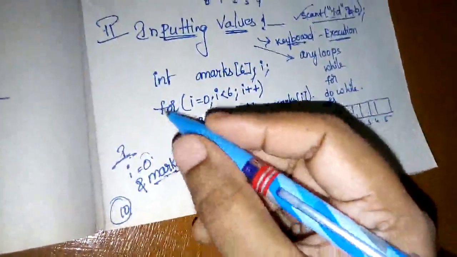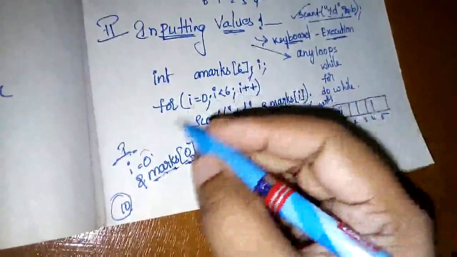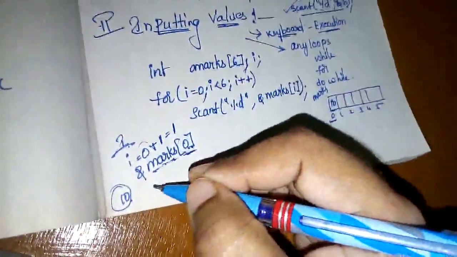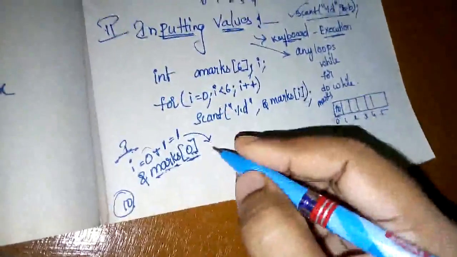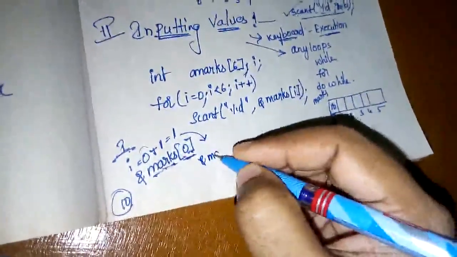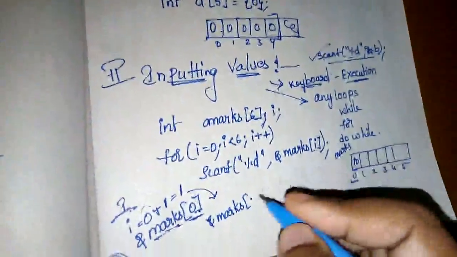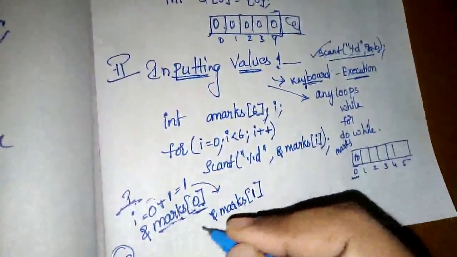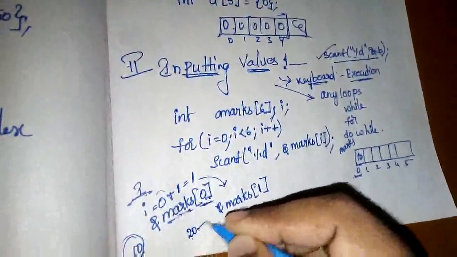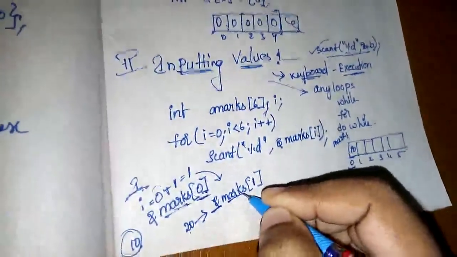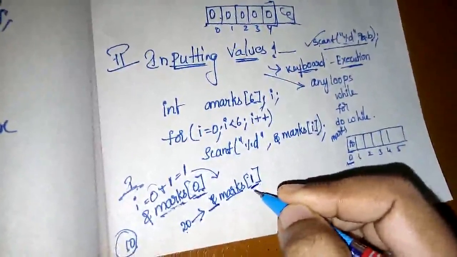Next, in the second iteration, i plus plus, so i will be incremented by 1. So now the value is 1. So in the second iteration, in the place of i, 1 will be substituted, and the value you are going to enter through the keyboard will be placed at the address allocated to marks for index 1.